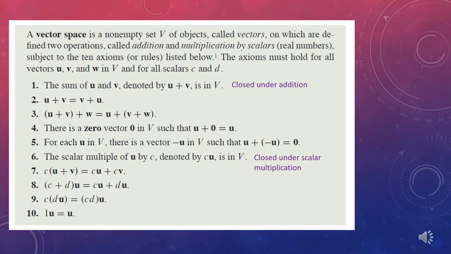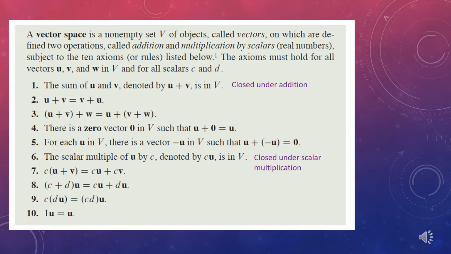It means that if you do the operation that you're going to call adding on the objects, the sum or the result of adding has to also be in your set. So if you add two items, the result of adding has to remain in the set. So the set is closed under addition. Add any two items, you get something that is still in your vector space.